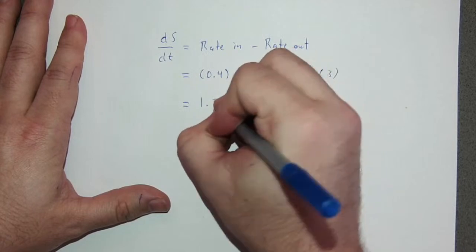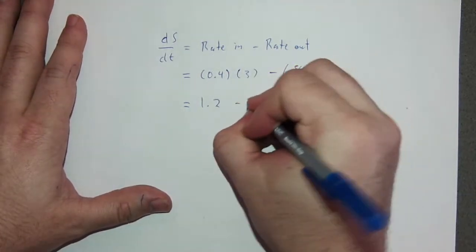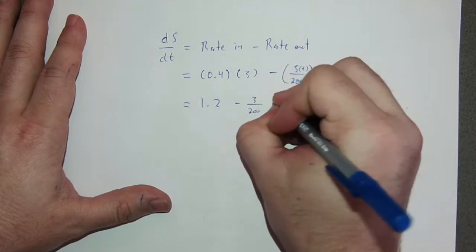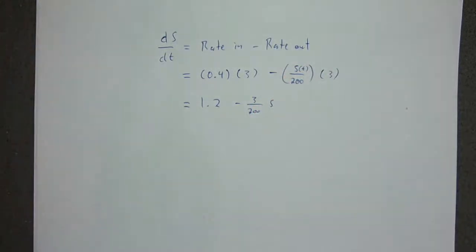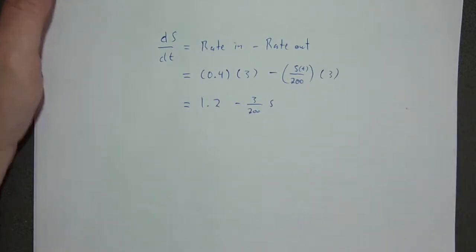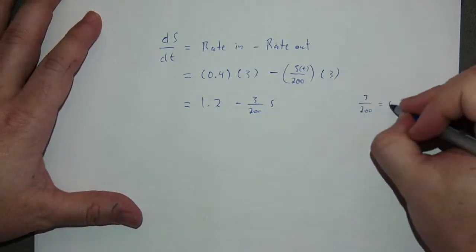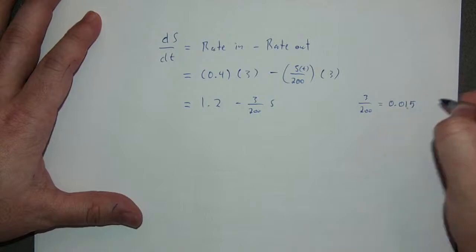So this is 1.2, that's 3 times 0.4, minus 3 over 200 times S. Well, what kind of differential equation is this? So 3 over 200, I can rewrite that as 0.015.